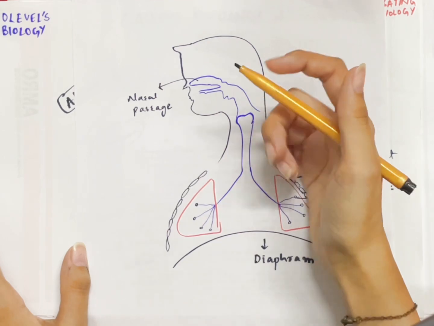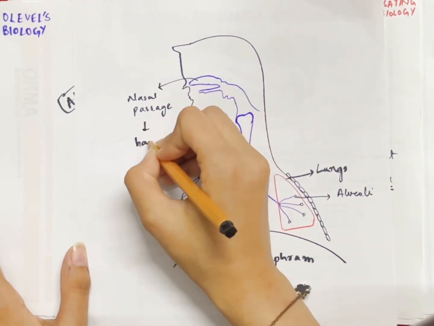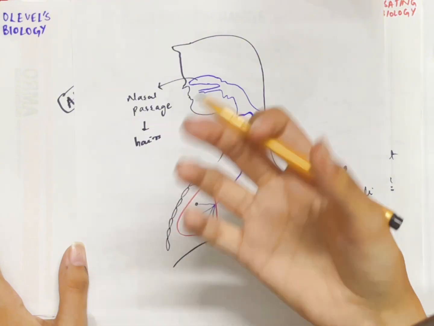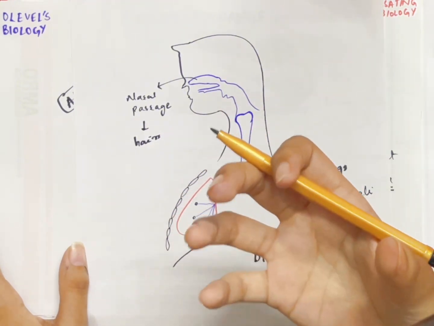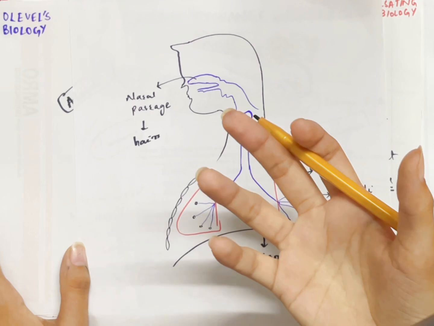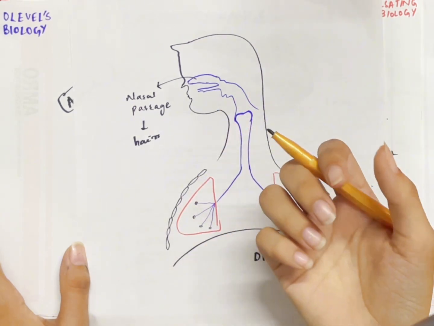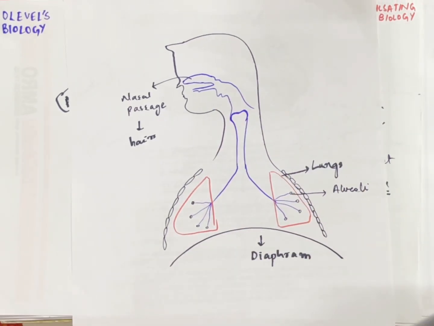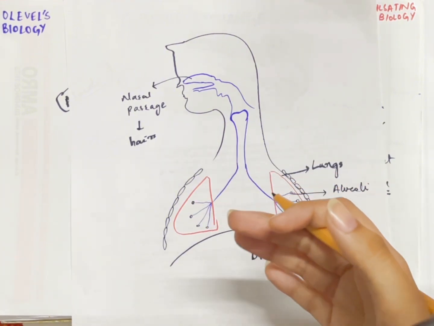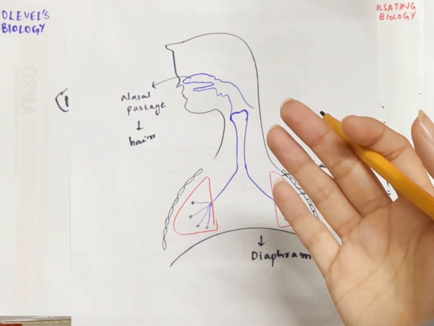What is the purpose of these hair particles? They trap all the dust that is likely to enter the body. They also capture foreign particles, including bacteria in the air and other organisms that are harmful for the body. So what does it perform? It acts as a line of defense to protect the body from all sorts of microorganisms.